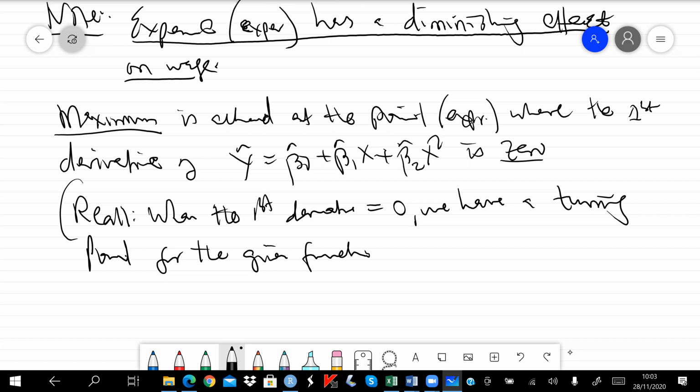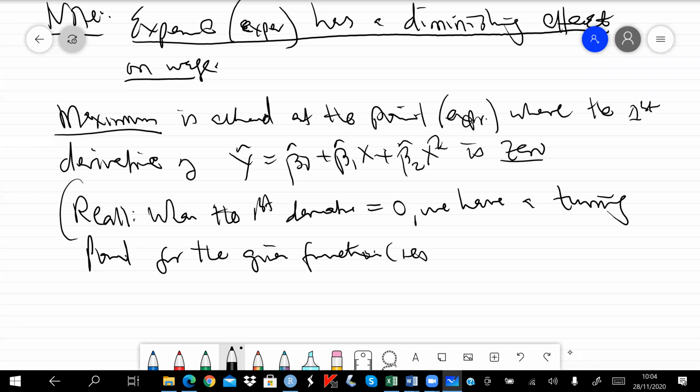In this case, we may not expect a turning point because this is a quadratic function, and we know the slope will be a straight line all the time. But sorry, we're going to have a turning point for this one. We're going to have a maximum value.